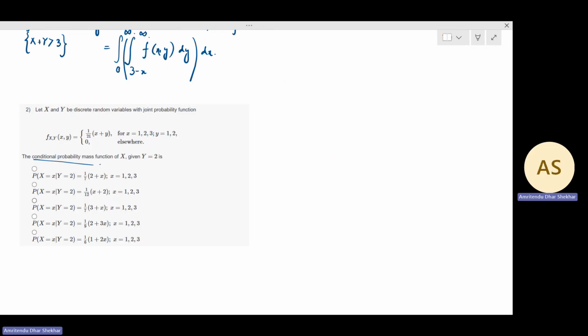So, going by the standard definition of conditional probability, the probability of X being equal to x, given that Y is equal to some constant a, let's say, is equal to the probability of X equal to x and Y equal to a, divided by the probability of Y equal to a.